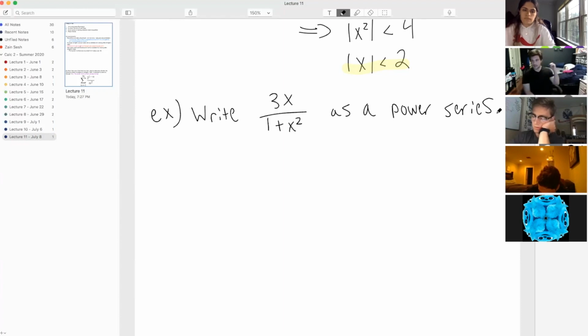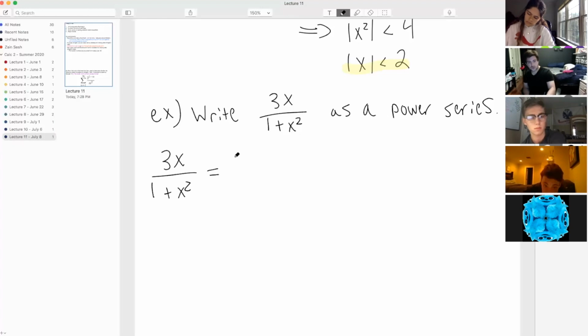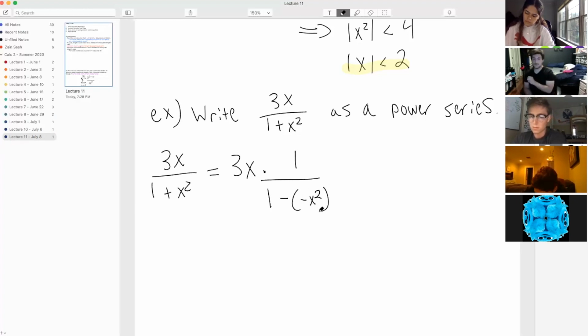Okay, and remember the goal, we want to algebraically manipulate this so it's of the form 1 over 1 minus something. So that's what we'll set out to do. So 3x over 1 plus x squared is equal to 3x multiplied by 1 over 1 minus negative x squared.